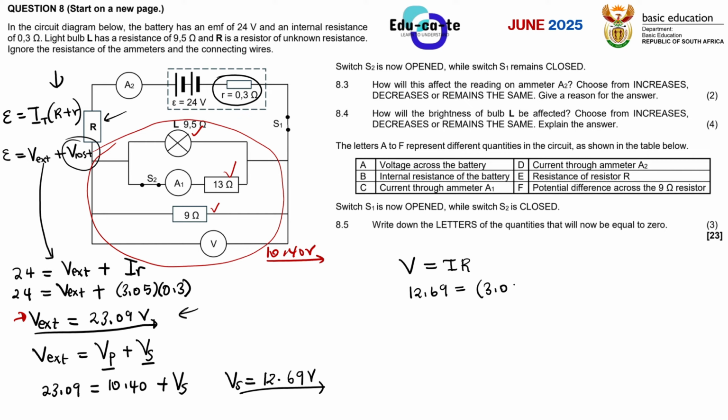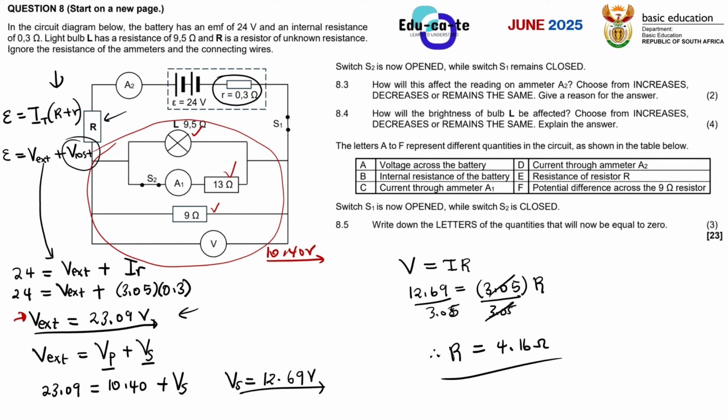We are looking for the resistance R, so we divide both sides by 3.05. This cancels, this cancels. So R will be equal to 12.69 divided by 3.05, which gives 4.16 ohms. That is the value of the resistance of resistor R.